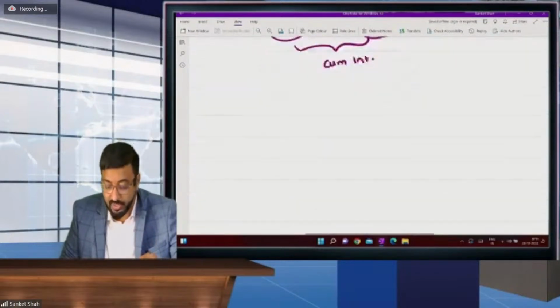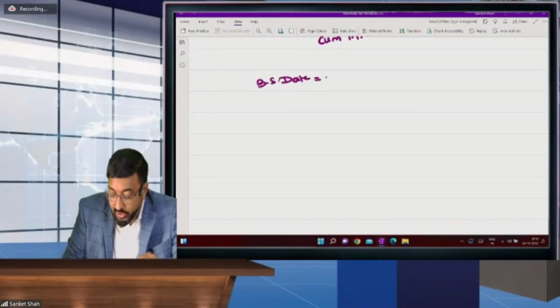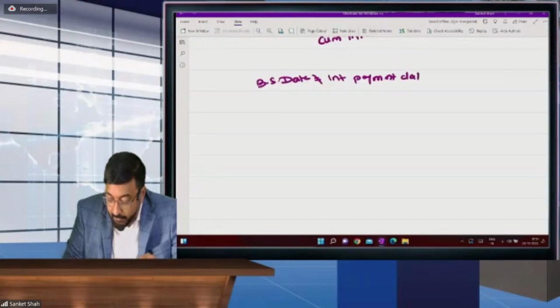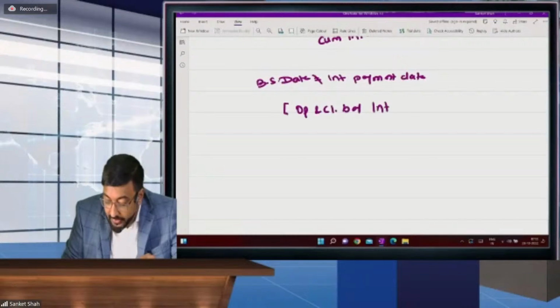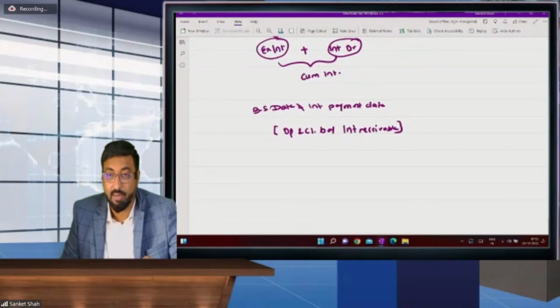Okay, always remember, suppose if the balance sheet date is not equal to the interest payment date by the company, in that case the opening and closing balance of interest receivable will appear. You have to show it as interest receivable if the balance sheet date is not equal to the interest payment date.